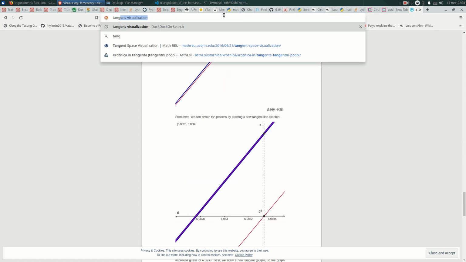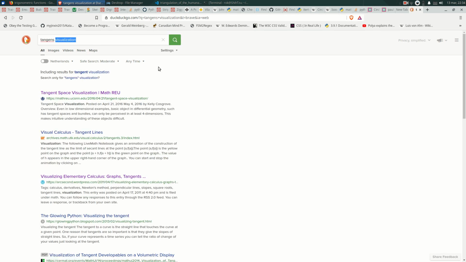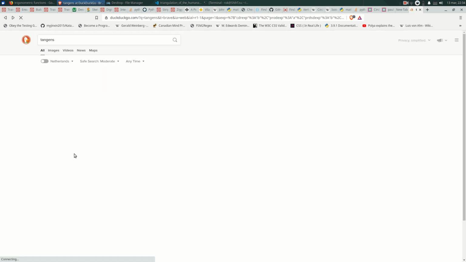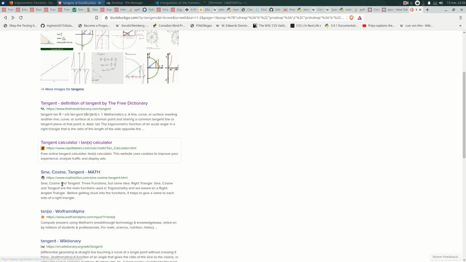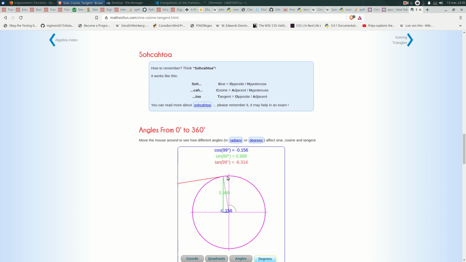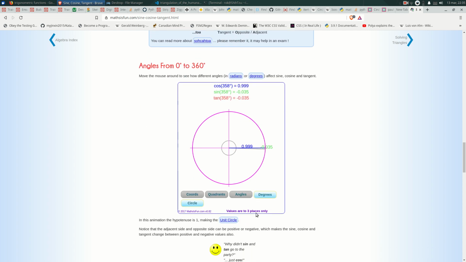I guess we got it. Tangent, math. Not looking for this. Oh, I'm looking for this one. So this is the radius, and it starts from here. It goes from here.